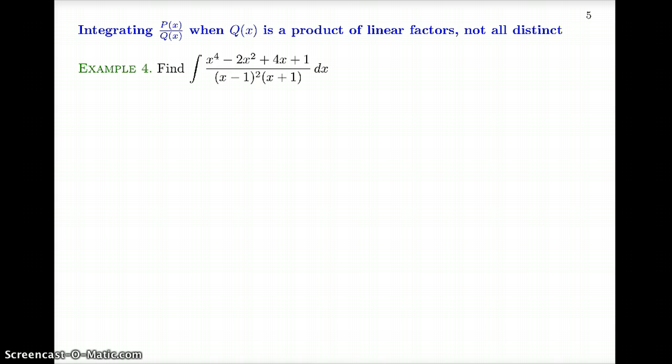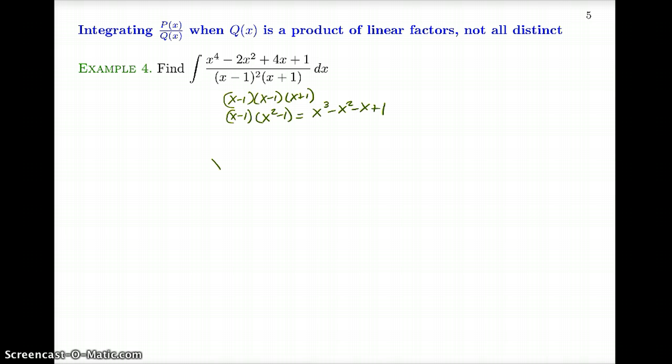Okay? So this denominator is x minus 1 times x minus 1 times x plus 1. So x minus 1 times x squared minus 1. So that's x cubed minus x squared minus x plus 1.